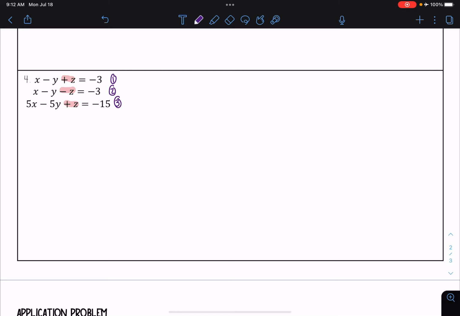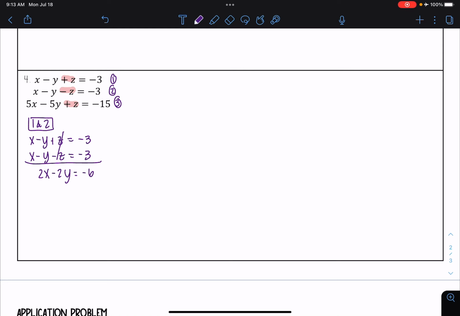So I'm going to first take equations 1 and 2 and rewrite those. And so I see that my z's already cancel out, and I get 2x minus 2y is equal to -6. And now I'm going to go ahead and rewrite equations 2 and 3.